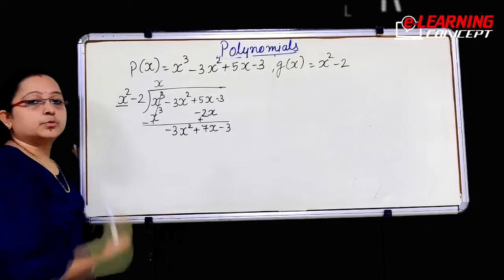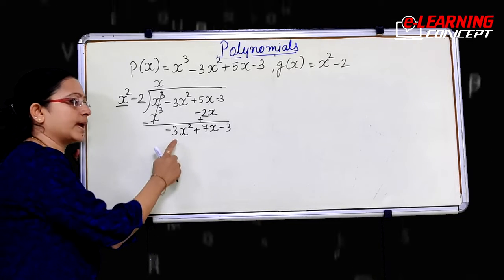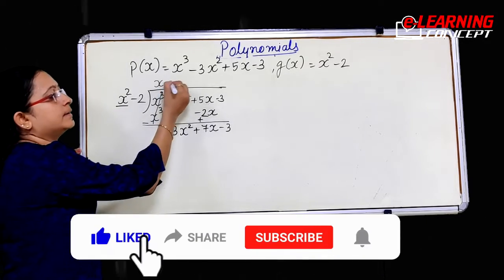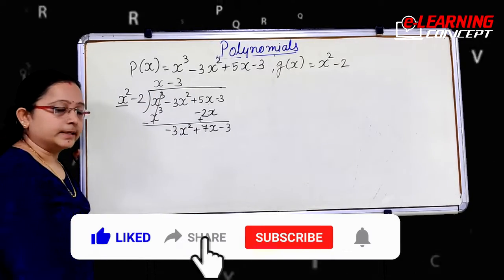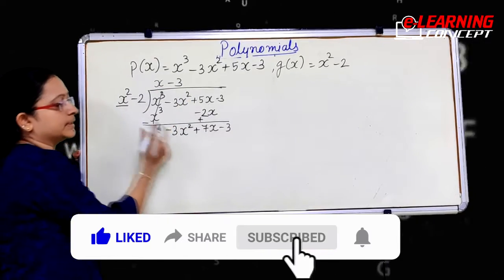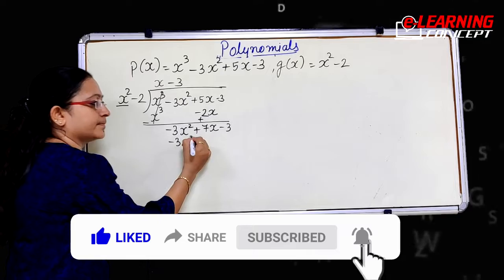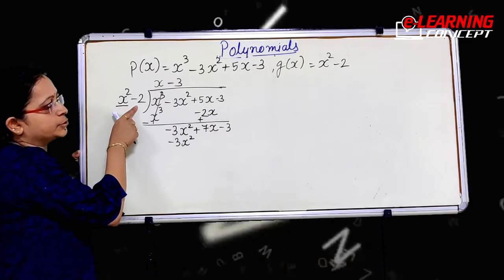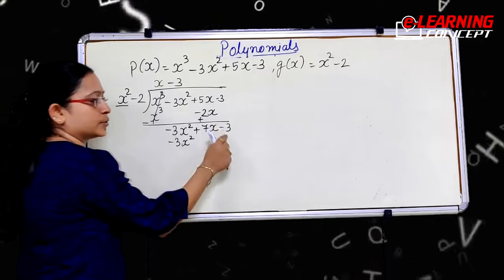Again we'll move to x square in order to get minus 3x square. So we'll multiply it by minus 3. Minus 3 into this, further multiply minus 3 and minus 2, that is plus 6, so it would come here.